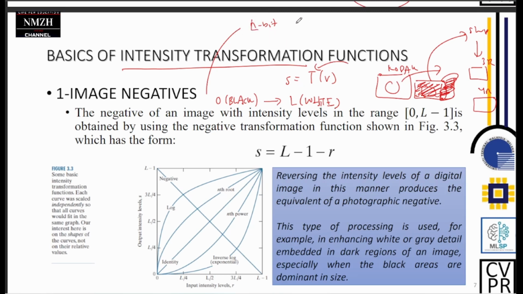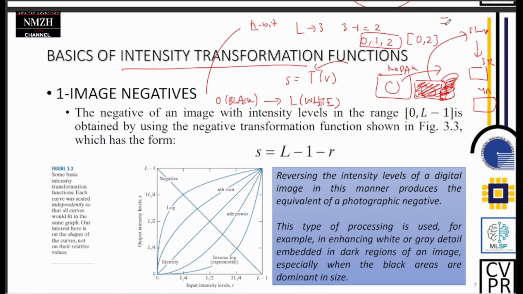If we have L equal to 3, meaning the level that we have here is 3 minus 1, which is 2, right? So the levels for this 3-bit image are 0, 1, 2.